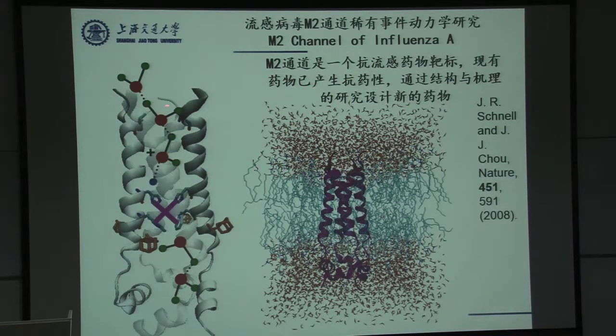And you see, the problem is how the proton transports through the channel, and how this small molecule will regulate. For example, this one will regulate the process, to create a barrier, or we call it gating, to the proton transfer.